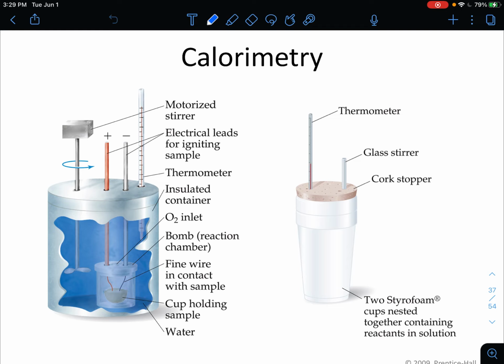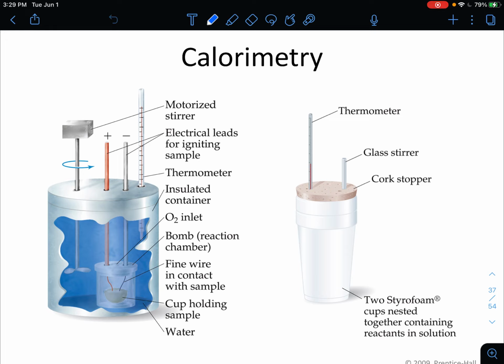The calorimeter is the instrument we would use to conduct calorimetry, and essentially by being able to measure temperature changes inside of an insulated vessel, we'd be able to determine heat flow and calculate the Q value, and then if it were for a reaction, also calculate the value for enthalpy change.